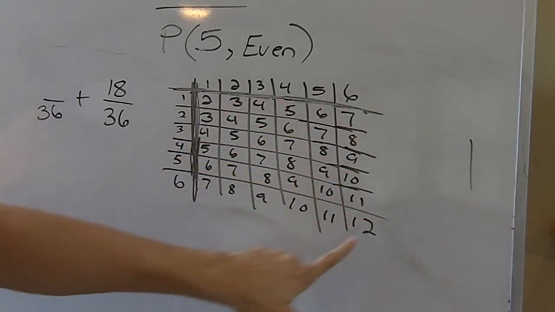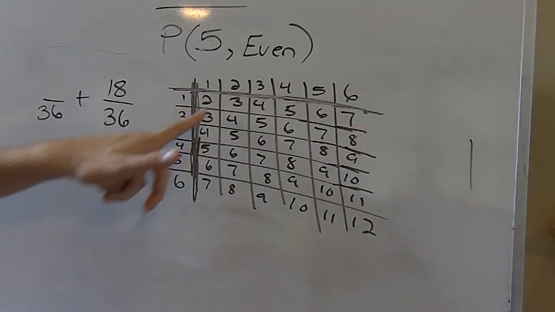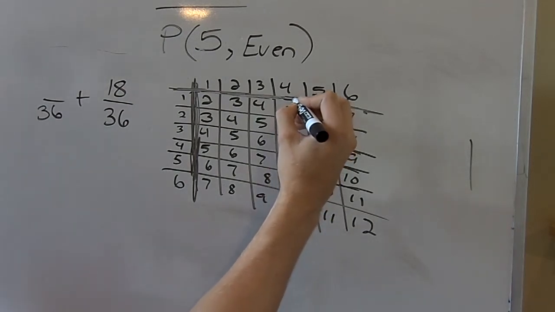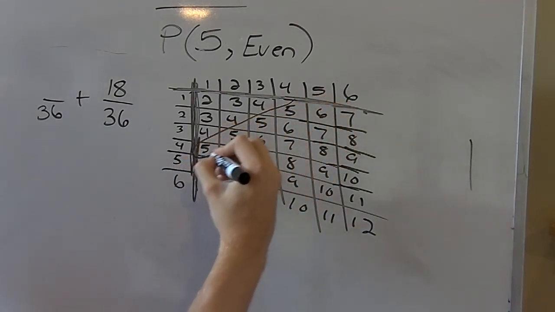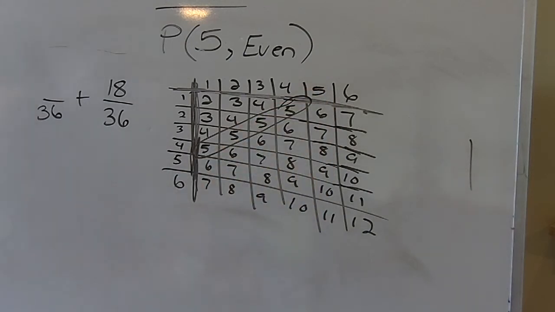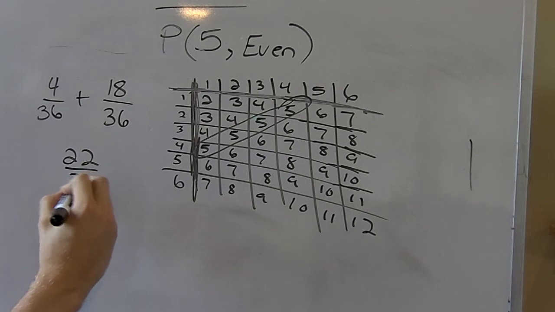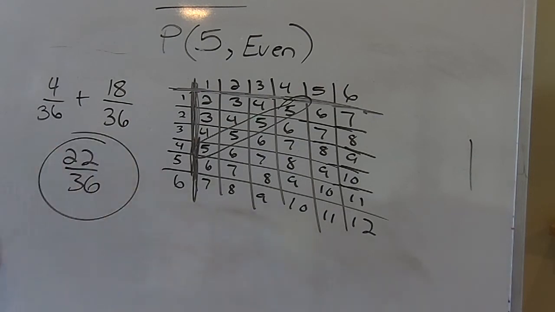All the numbers inside this square represent all the possible 36 sums. And what you're going to notice is all of your 5s end up right there, and there's a total of 4 5s. And so you'll end up with 22 out of 36 possible favorable outcomes. That is your probability. Yes, that can be reduced to 11/18.